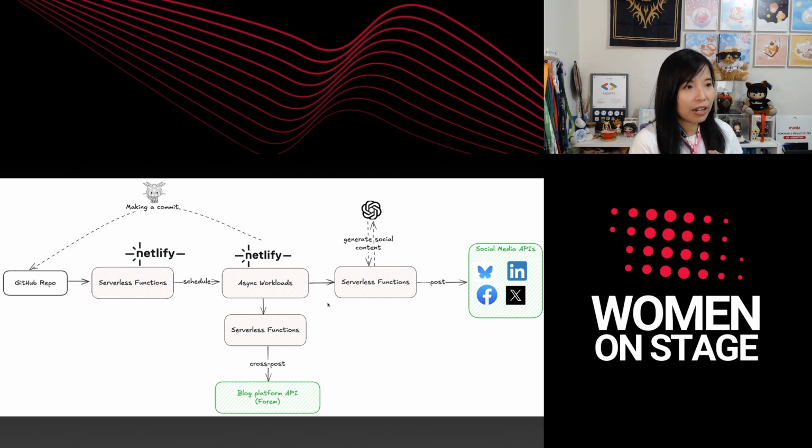We have the serverless aspect, which is the core of the workflow, where it acts like serverless functions and async workflow, which acts like a synchronous job execution. And we also connect to all the APIs at the component level to flow the data between services. So let's talk about the first part, Netlify async workflow.